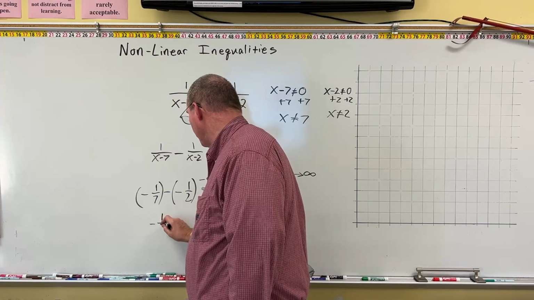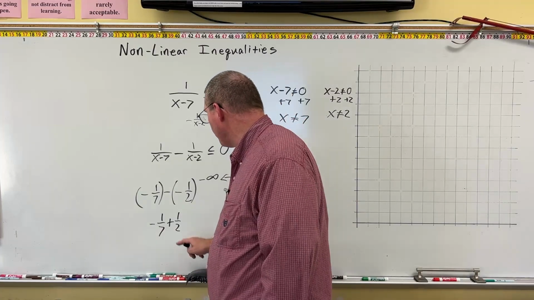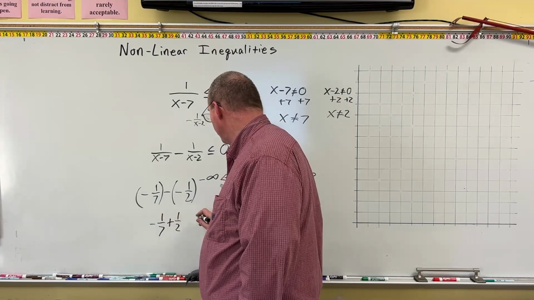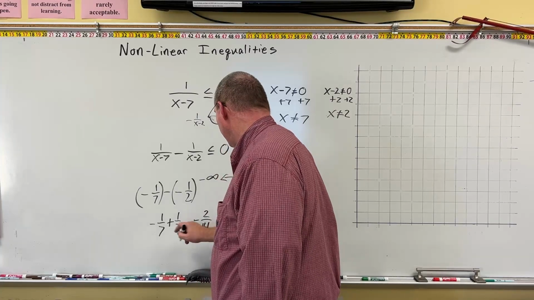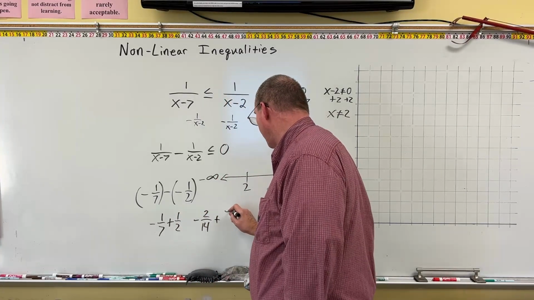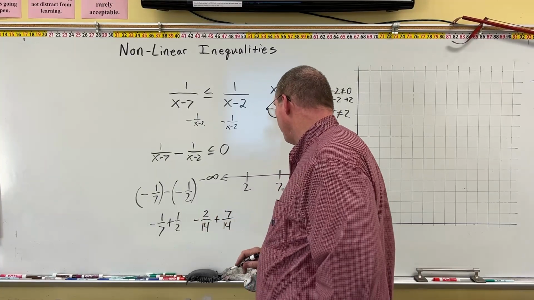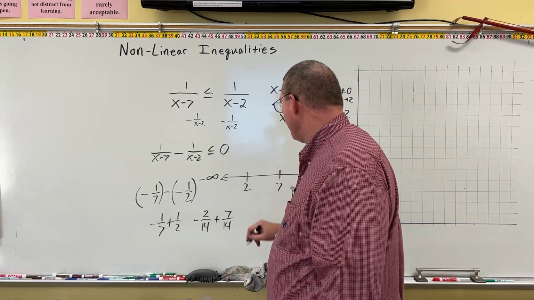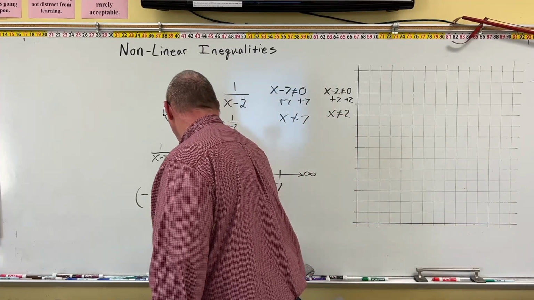So that's negative 1/7 plus 1/2. I need a common denominator, so I'll multiply 2 over 2. So I'll have negative 2 over 14 plus 7 times the top, 7 times the bottom. That's 7 over 14. And negative 2 over 14 plus 7 over 14 is 5 over 14. So that's a positive number. You can also do this with a calculator.